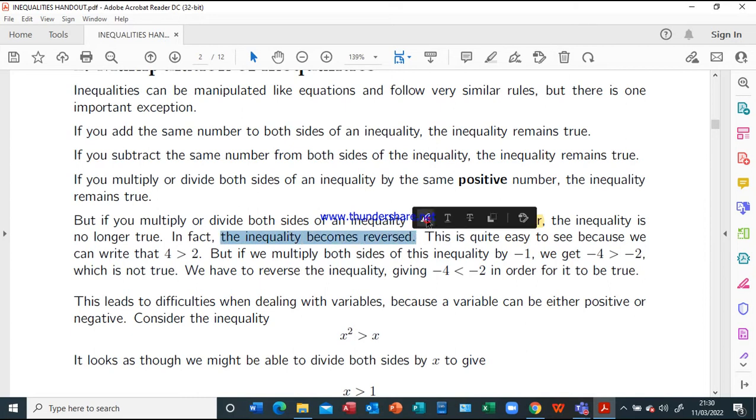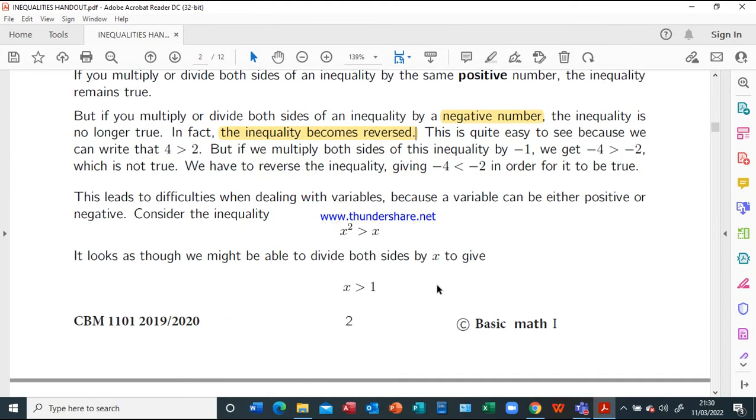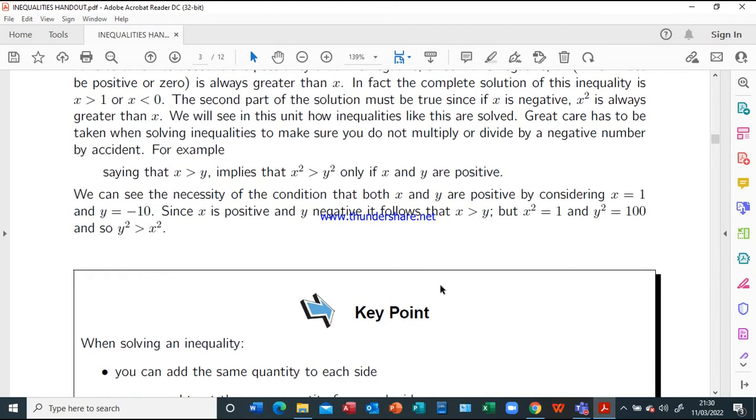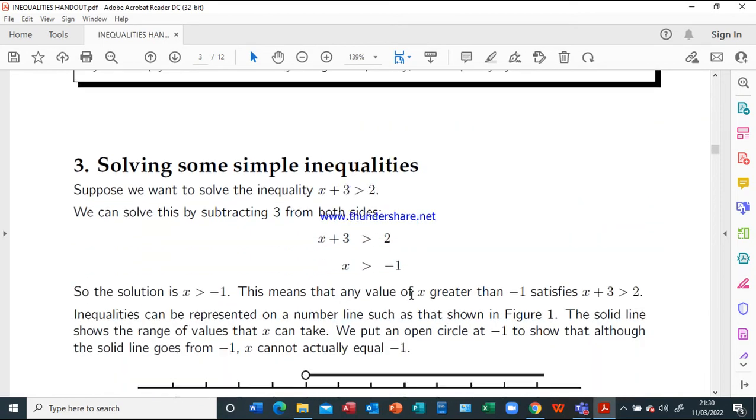So previously, if it was greater than, it must change to less than. If it was less than, it changes to greater than, in a situation where you are either multiplying or dividing by a negative number. So these are the rules for dealing with inequality. Similar to linear equations, the only change is here. So let's pick quickly some very basic examples.